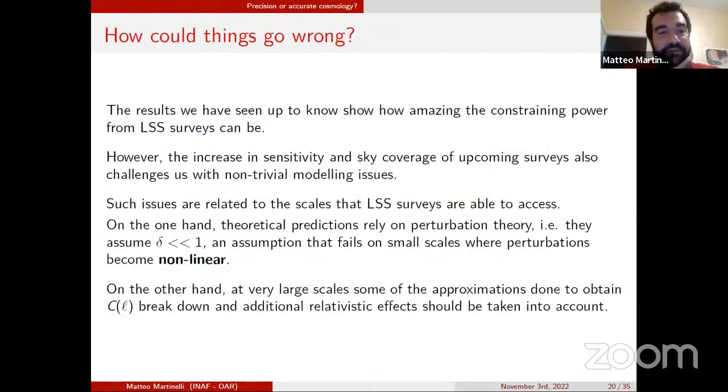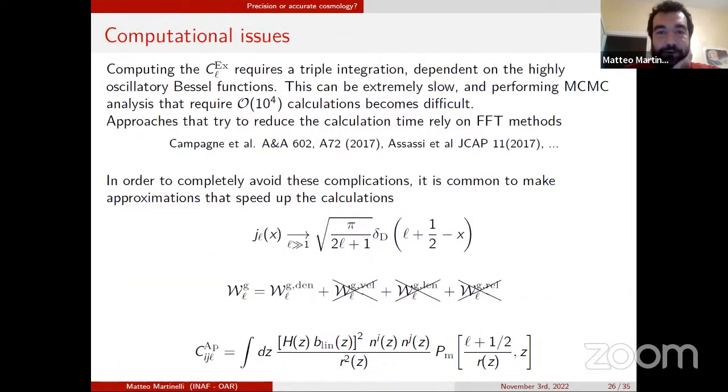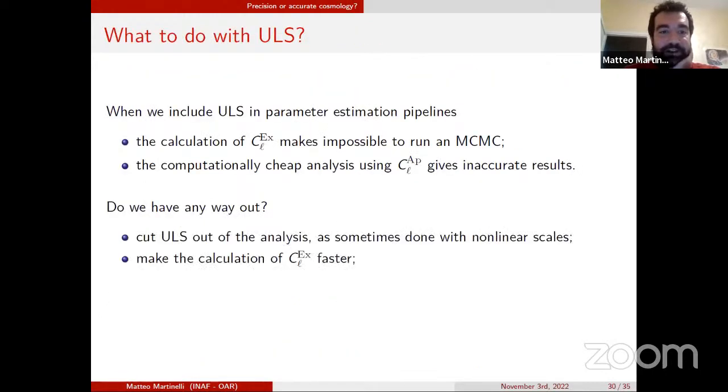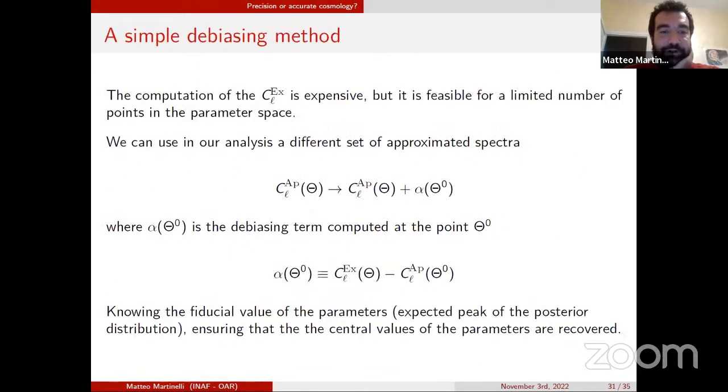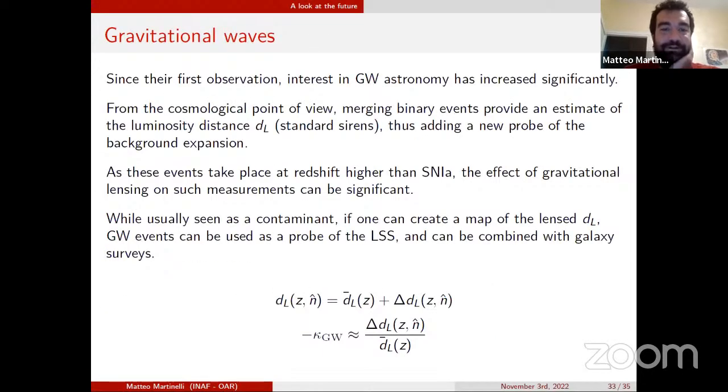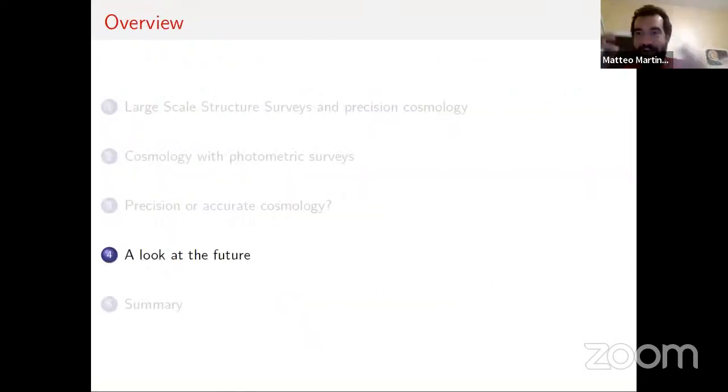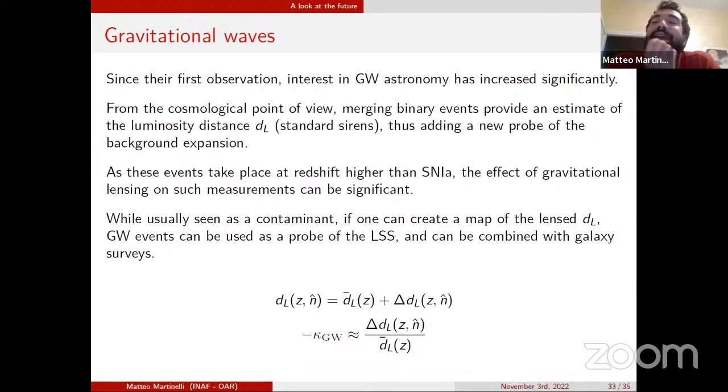Okay, if there are no other questions, I want to briefly show you something for the more distant future and then summarize a little bit. This is something that I worked on recently. The paper came out a couple of weeks ago, and basically it looks at another thing that is very, very trendy in recent years, which is gravitational wave astronomy.